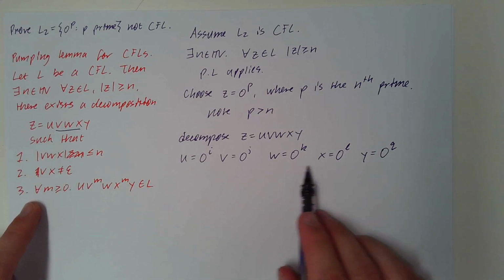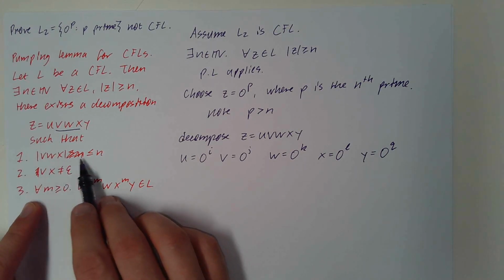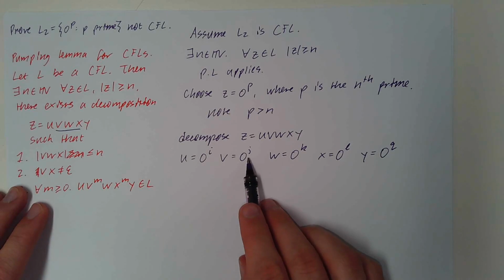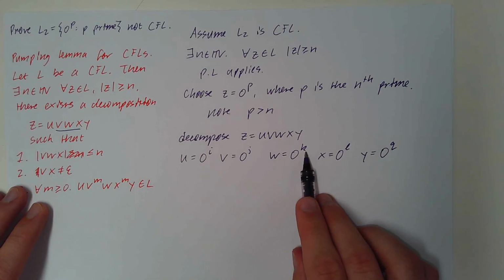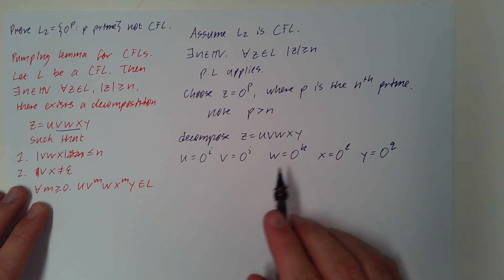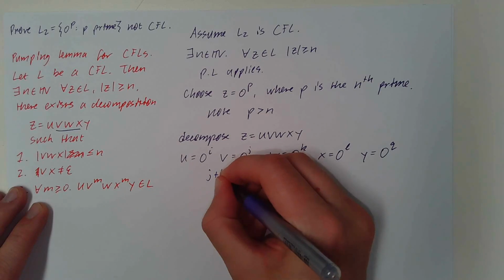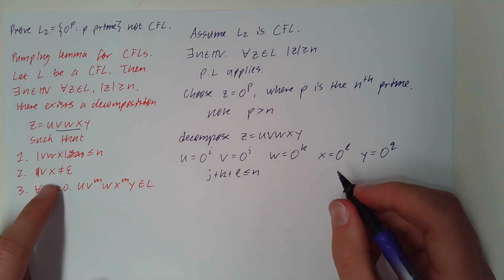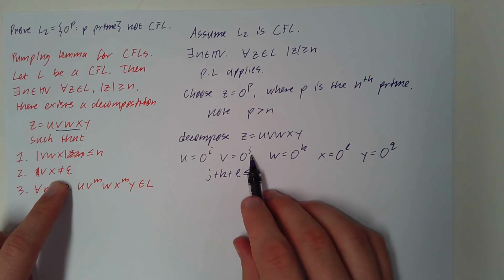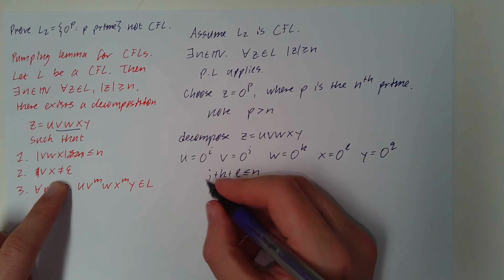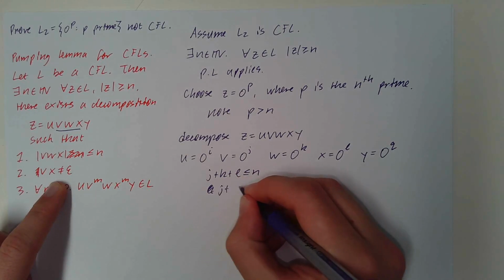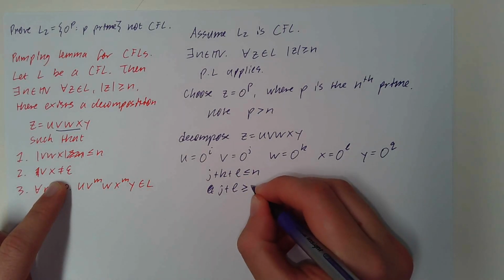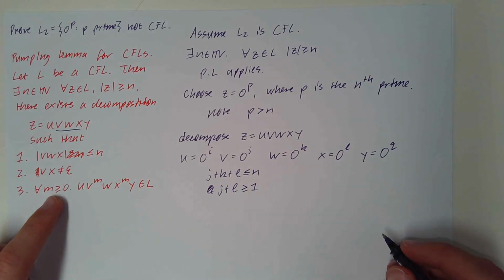What does that tell us here? It tells us vwx is less than or equal to n. So that tells us j plus k plus l is less than or equal to n. We get that from the first property. vx is non-empty, so that means j plus l is at least 1. And what's this property here?